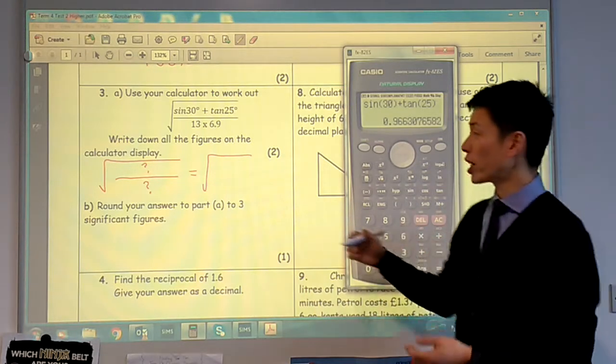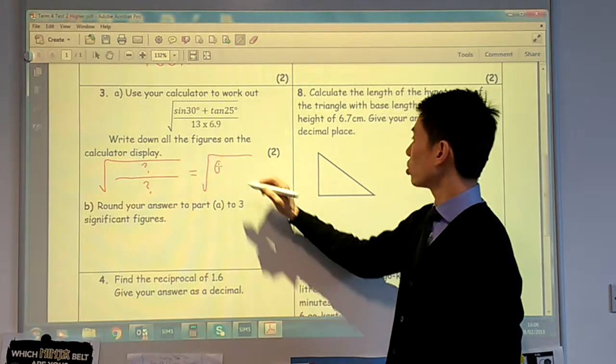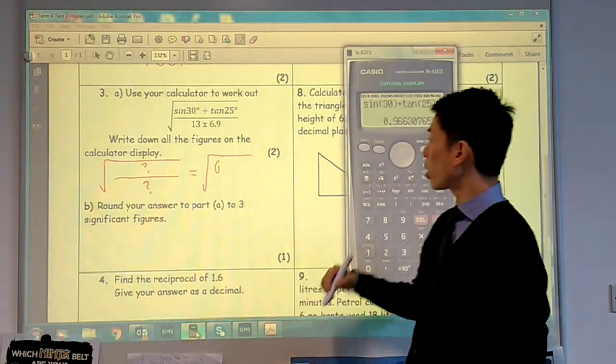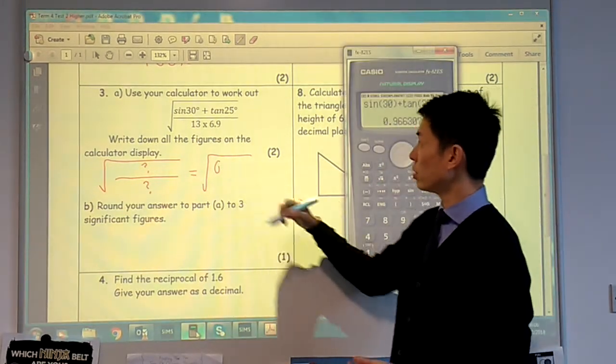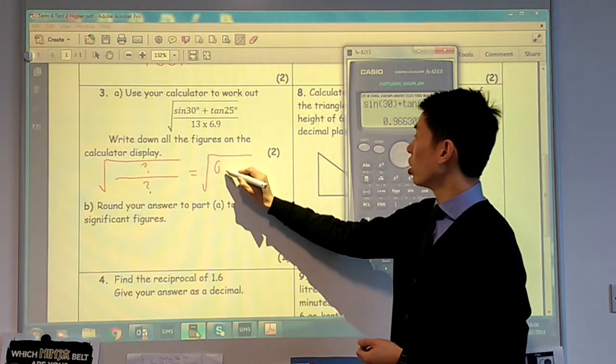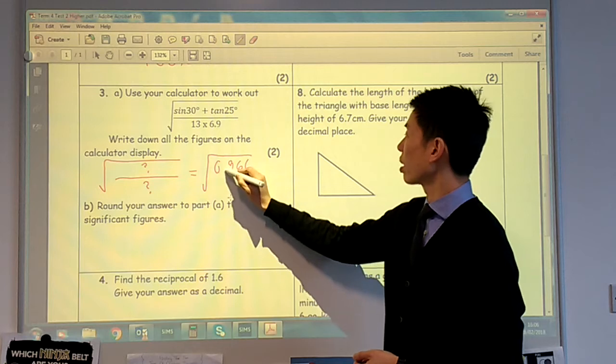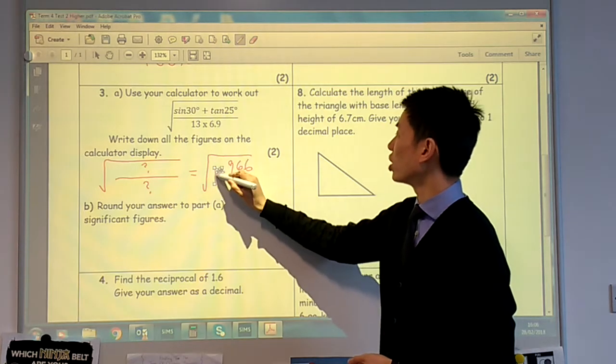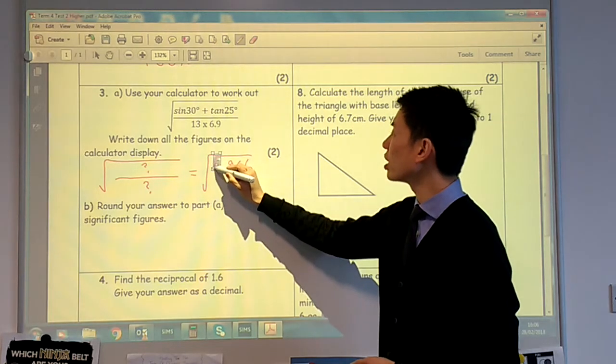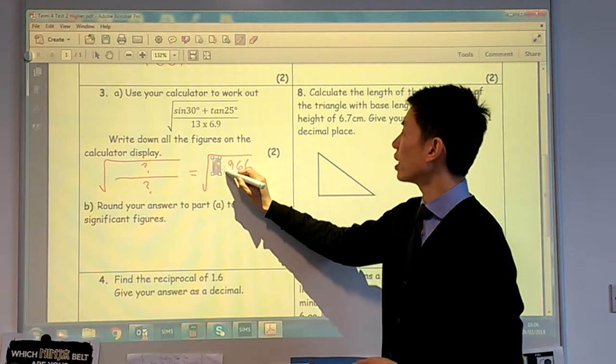So just write that out for the examiner, just to show that you are working this out using a strategy. So you know that's 0.966. You don't need to write all the digits, just enough to show that.